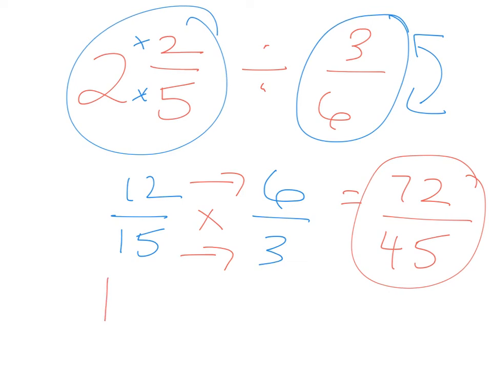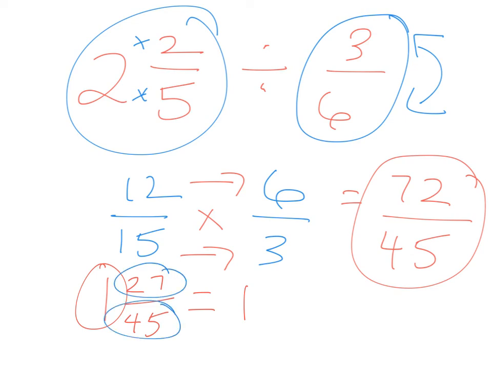And how much is left over? Well, 72 minus 45 would be 27. So 27 over 45 would be the fraction part of the mixed number. And then, of course, you see if you can reduce it. The whole number stays the same. What can we divide into 27 that we can also divide into 45?